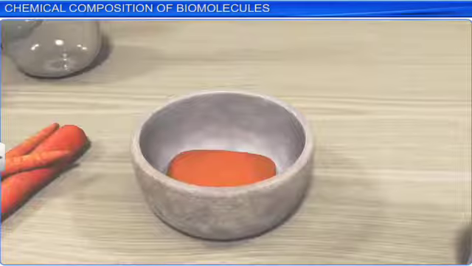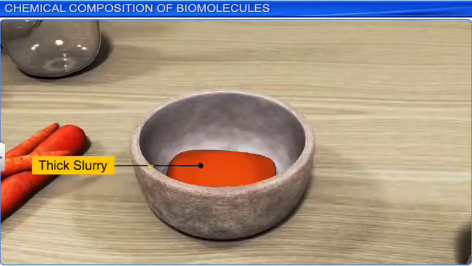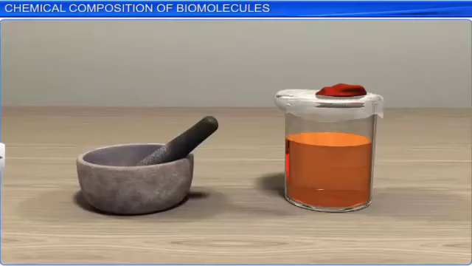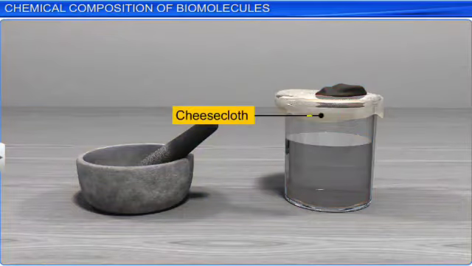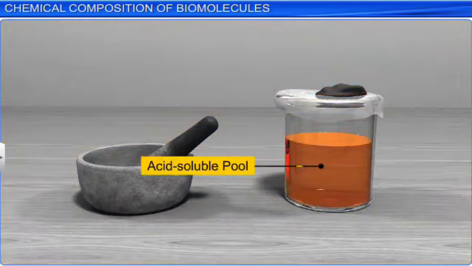As a result, we obtain a thick slurry. Now we strain this slurry through a cheesecloth to obtain two fractions. One fraction is the filtrate or the acid-soluble pool, and the other fraction is the retentate or acid-insoluble fraction.